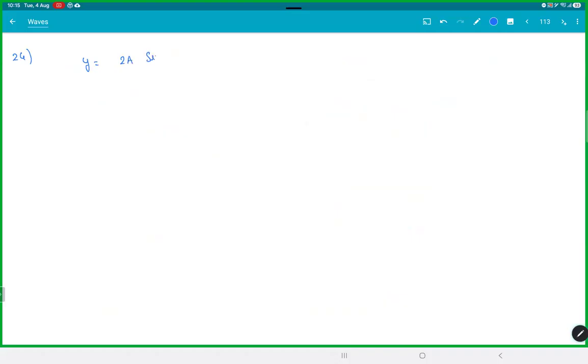Let's say 2a sin(kx plus pi by 3) sin(omega t plus 7 pi by 4). Assume it is a fundamental frequency, means only one loop.